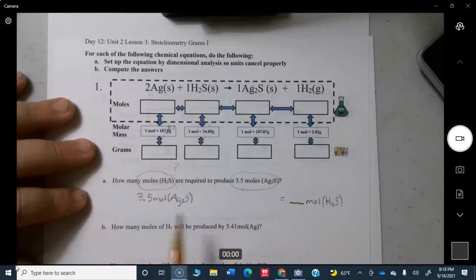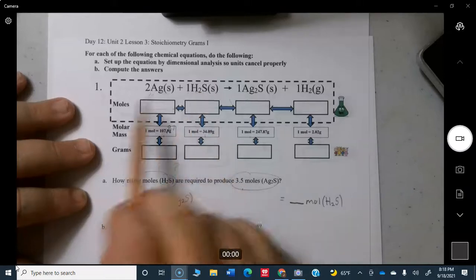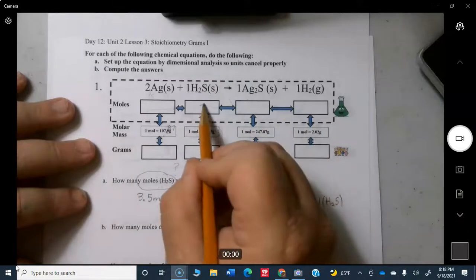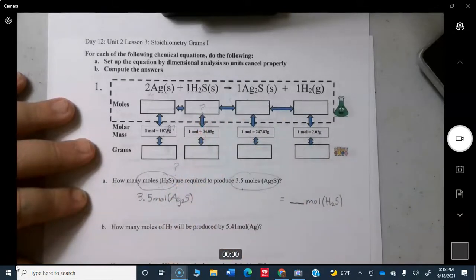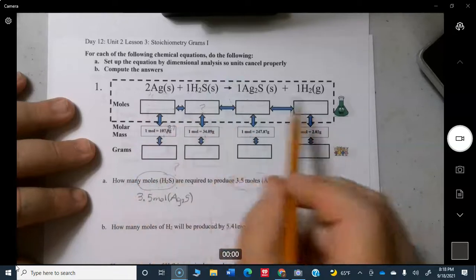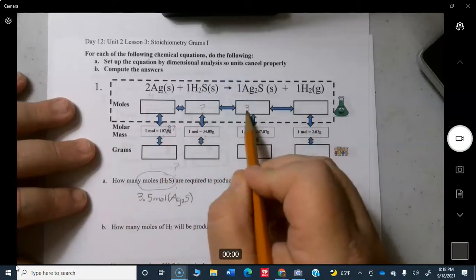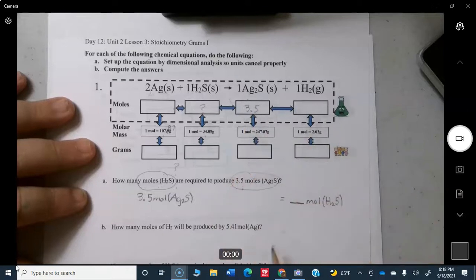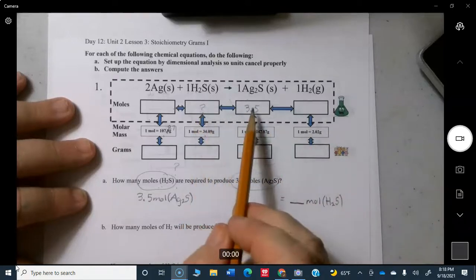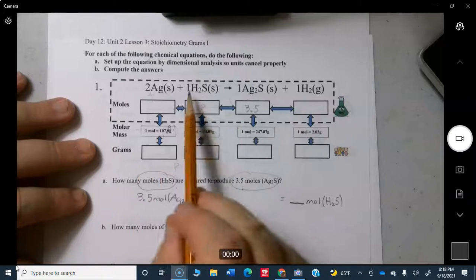The question mark moles of H2S goes right here. Here's H2S, here's the moles row, so the question mark goes there. Moles of Ag2S, 3.5: here's the moles row, and here's Ag2S, so the 3.5 goes there. So it's only one conversion to get between these two, and that's a moles to moles conversion.